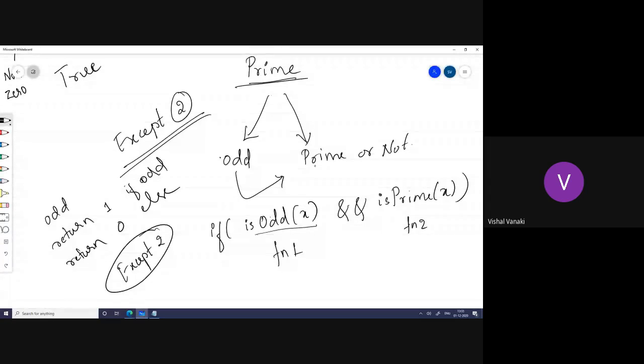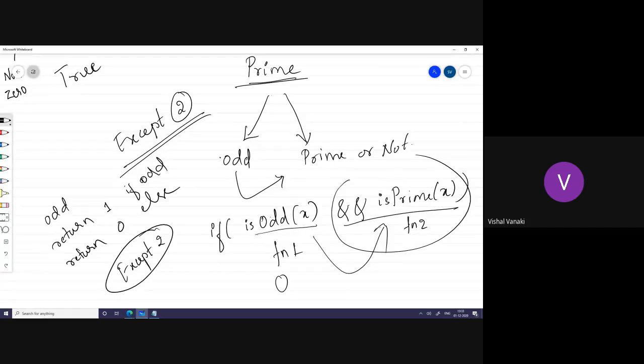Now there is no need of checking whether the number is prime or not if it is an even number. So only if it is odd, then check this. If it is an even number, don't check this. So this will result in 0, the condition will be evaluated as false, and the second part will not be executed.